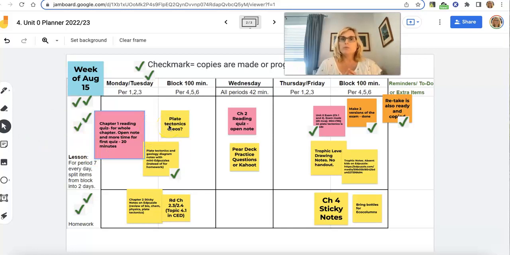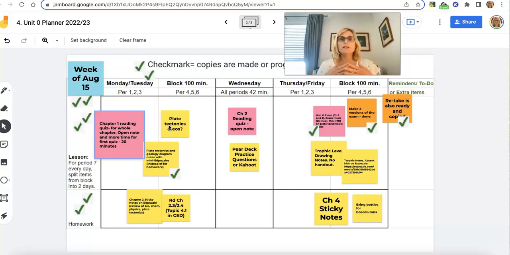And then I'm going to start moving into my chapter 2. Now my chapter 2 is science review. It is a review of photosynthesis and cellular respiration and the rock cycle and like the first and second laws of thermodynamics, potential energy, kinetic energy, things that they have had in other science classes. And it also includes plate tectonics that is in our Unit 4.